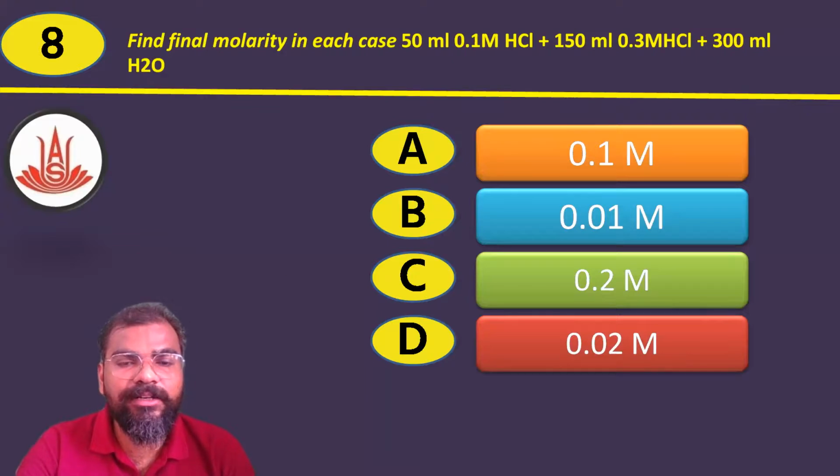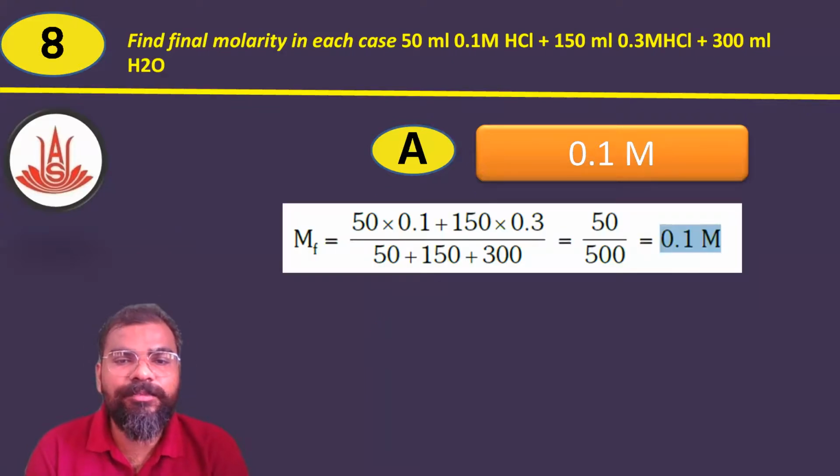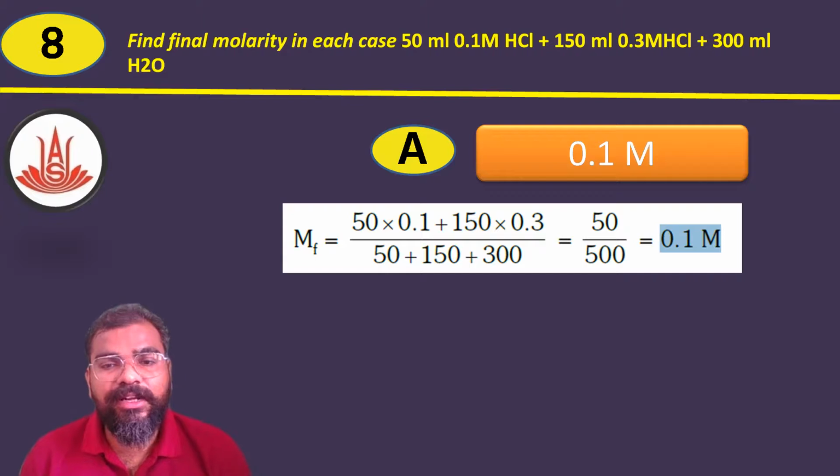Find the final molarity. So 50 multiplied by 0.1 for HCl, plus 150 multiplied by 0.3 for HCl. In case of division we divide by 50 plus 150 plus 300.